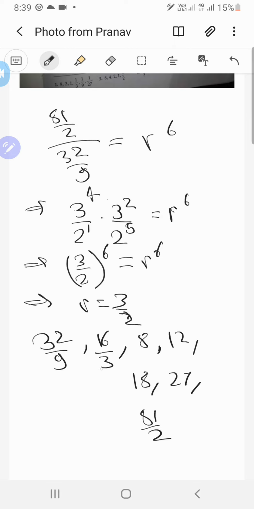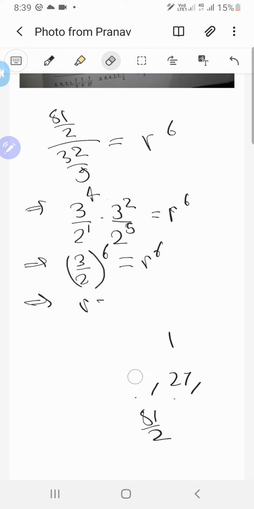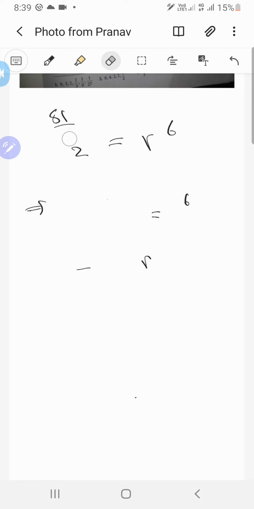Fine. So there are 1 2 3 4 5 geometric means. This is correct. Okay, let's go to the next question.